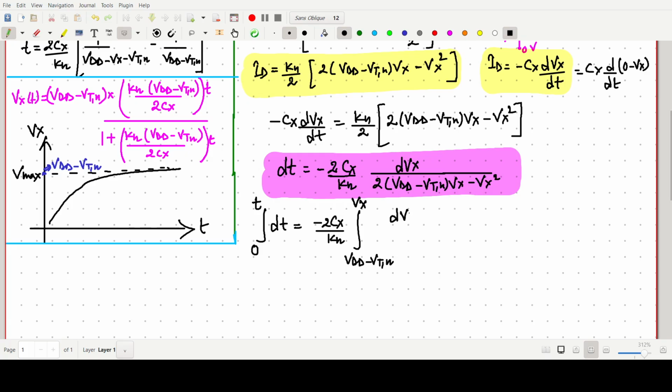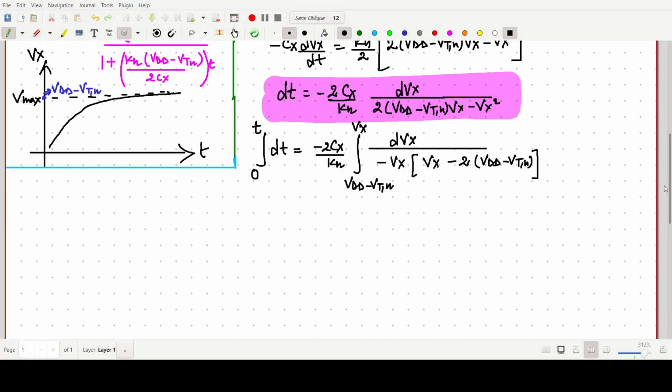Then dVx. Minus term is there, here also a minus term, so I am taking minus Vx common: Vx minus 2 (VDD minus VTN). If you integrate dt, it will simply be t, or t minus t0.